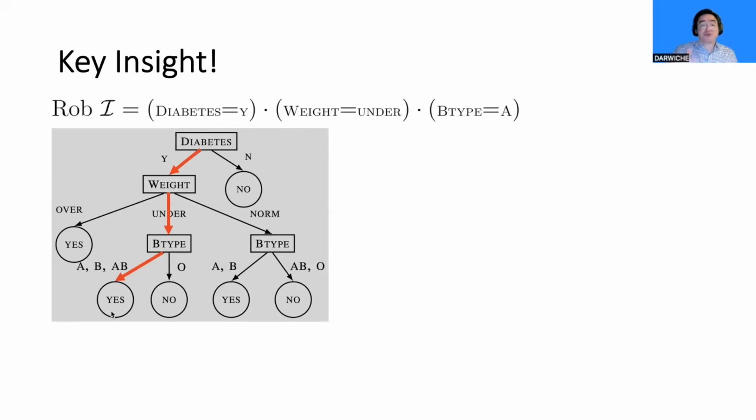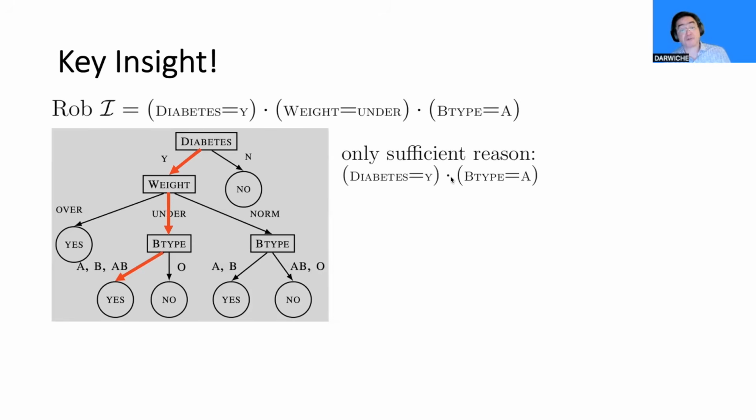If you apply the theory that I told you, and you ask what the sufficient reasons are in this case, you're going to find there's only one sufficient reason, which is this one. And remember, what is a sufficient reason? It's a minimal subset of these 3 that guarantees the decision. That's the only one, which effectively means weight was irrelevant. The reason why this was classified is their blood type is A and diabetes yes.